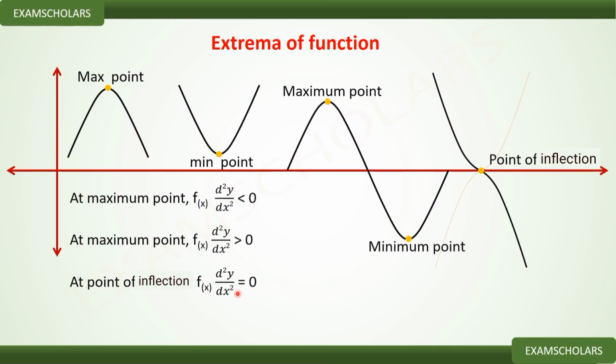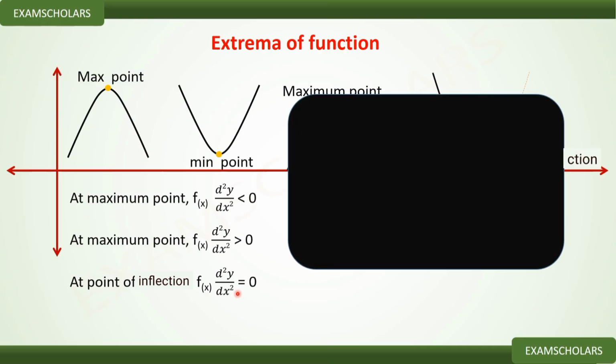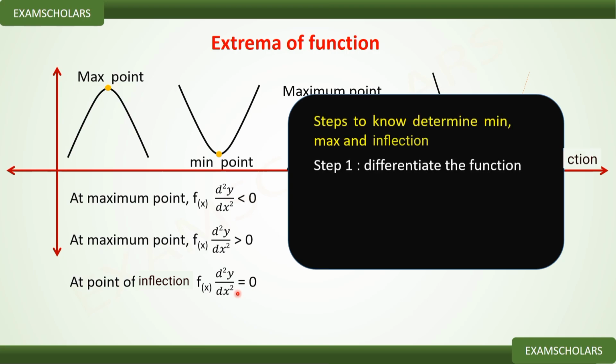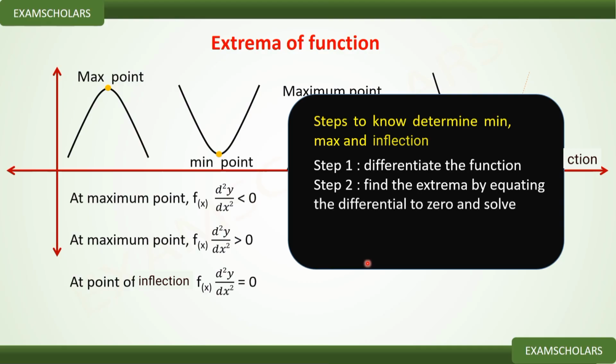How do we now use this to solve questions? It's very simple. In a question, if you are asked to find the maximum value, maximum point, or minimum point, just calm down. This is what you need to do. The first one is to differentiate the function. Find the first derivative of the function. The next step is to find the extrema by equating it to 0. So the differentiation, you just equate it to 0 and you solve it.